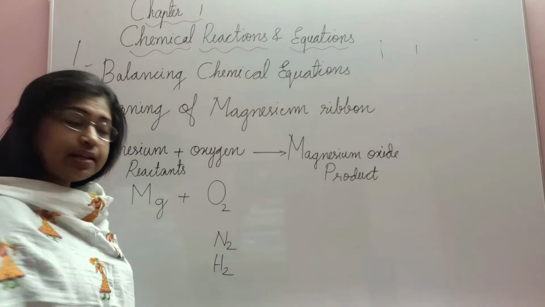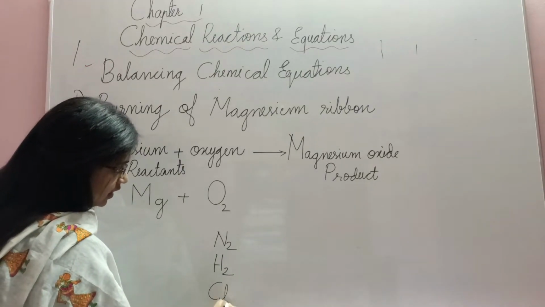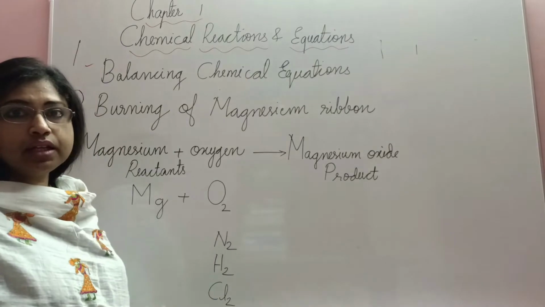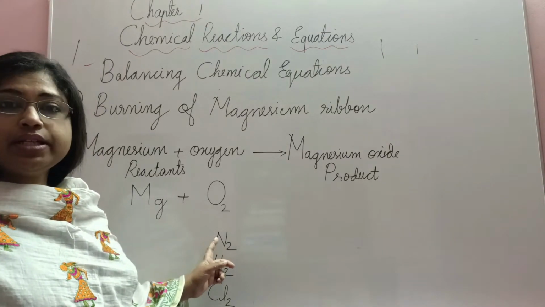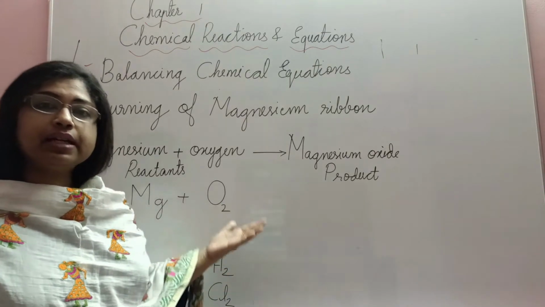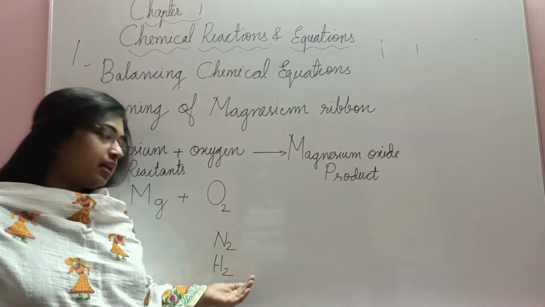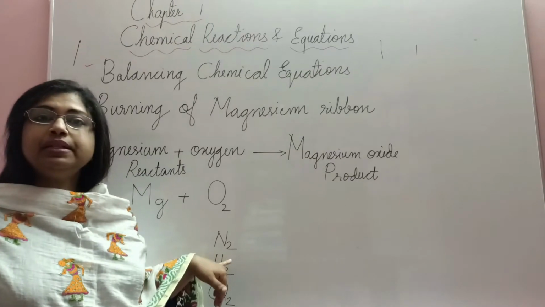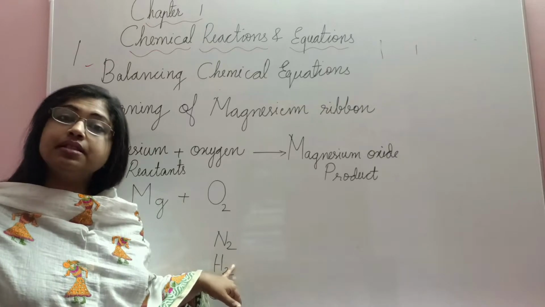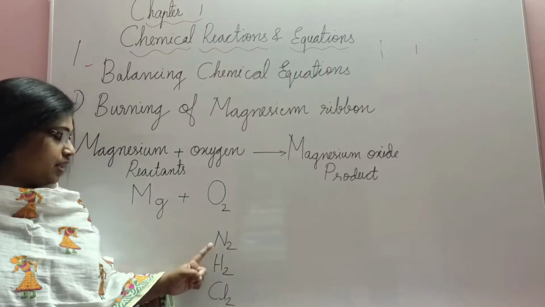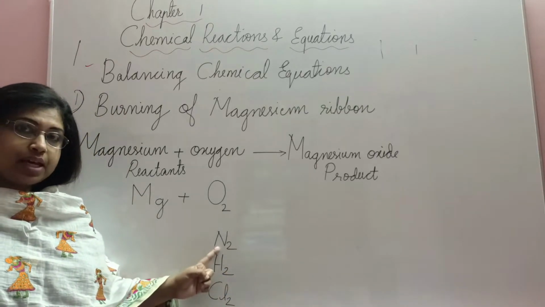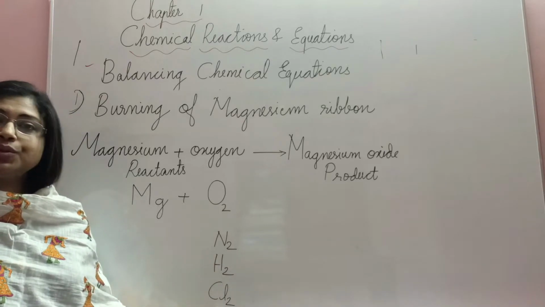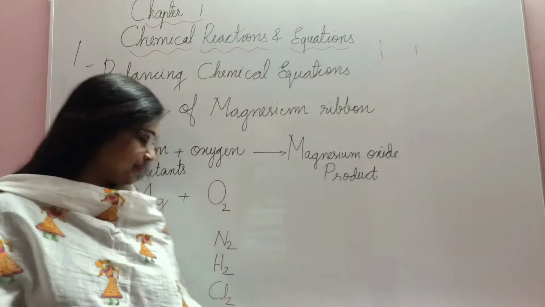If it is chlorine gas, we will write it as Cl2. So whenever you write a chemical equation, remember that these elements exist as diatomic molecules and you need to write their formula this way: N2, H2, Cl2, etc. Okay?